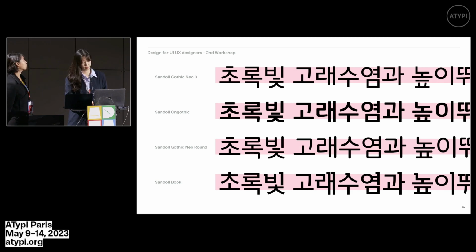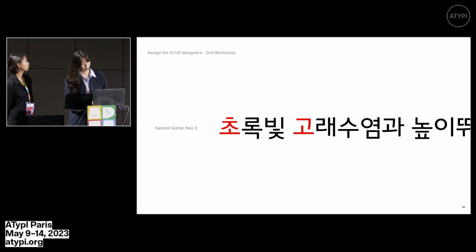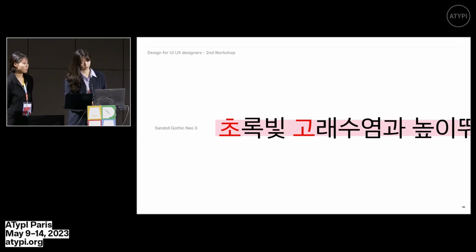And it is formed based on the height of the characters without a final consonant, such as 초 and 고. For example, when the 초 and 고 are in the upper part, then a visual flow line follows them. Or when they are in the middle part, then the visual flow line will be in the middle part.